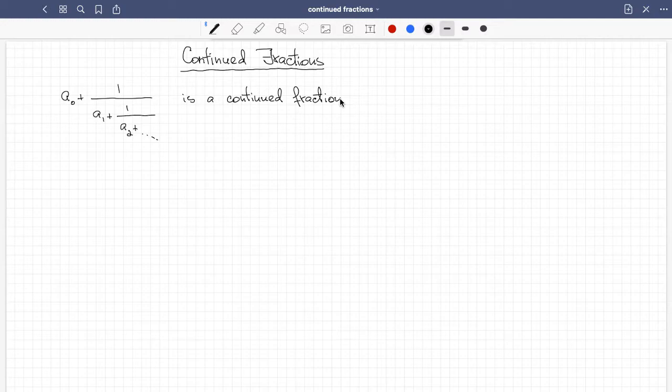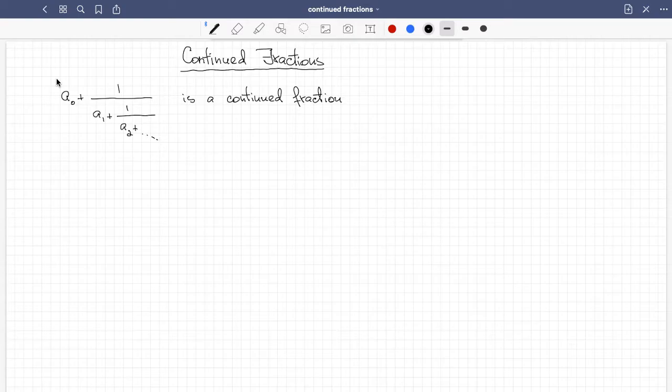This is a pretty vague definition. The dots tell us that there may be quite a few of them, maybe infinitely many, maybe finitely many, in fact. And in principle, this can be anything. The expression, especially if it is infinite, may make sense or make little sense.